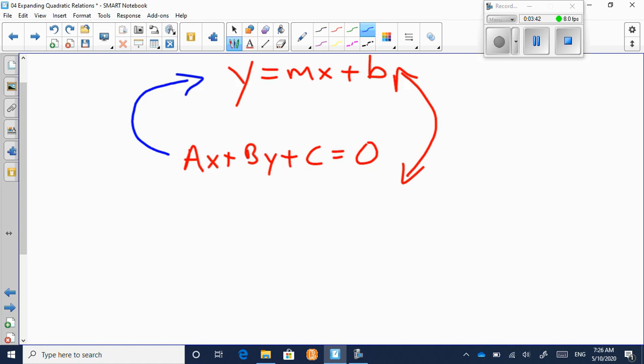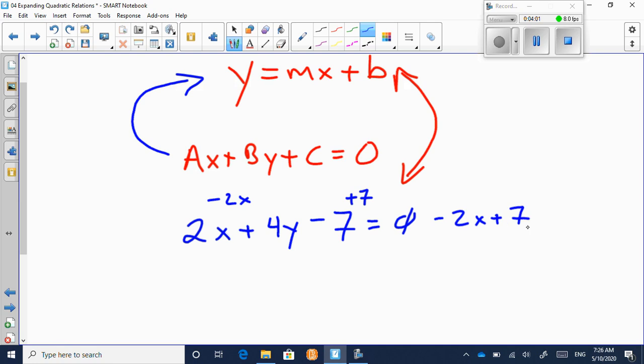So if we had something like this, 2x plus 4y minus 7 equals 0, we could quickly change it by moving. We'd subtract the 2x from this side, add the 7. Well, whatever you do to one side of math, you got to do to the other.